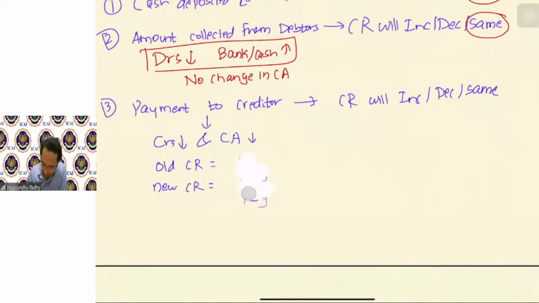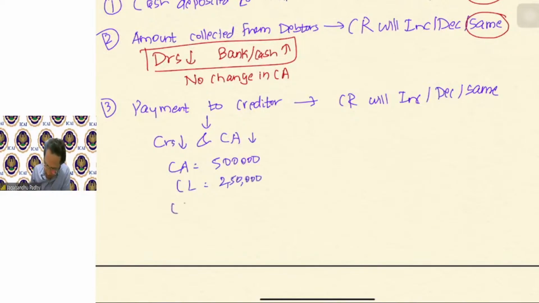Or let me just help you with the numbers. Let's say old current asset was 5 lakh and current liability was 2 lakh 50,000. So your original current ratio is 2 is to 1. Now the new current asset will be, let's say you made a payment of 50,000 to the creditors, 4 lakh 50,000.